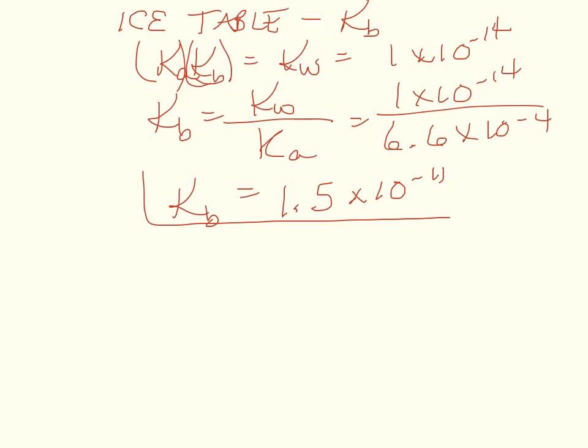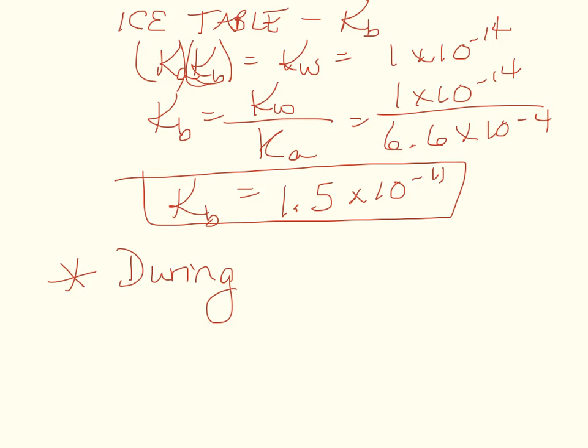We will need that for our ice table. And let's see, if we start filling in our ice table, we need concentrations, not moles. And something really important to remember, that during a titration, the concentrations are changing. Why? Because you're adding volume every time you add titrant.